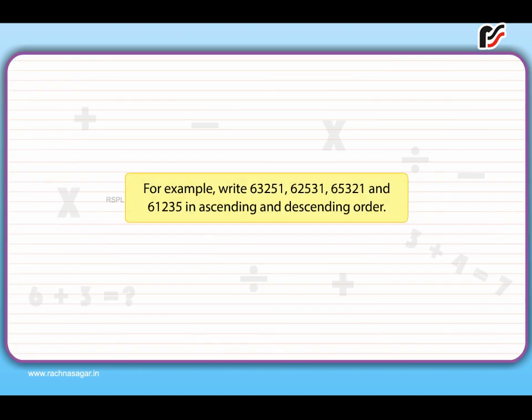For example, write 63,251, 62,531, 65,321 and 61,235 in ascending and descending order.